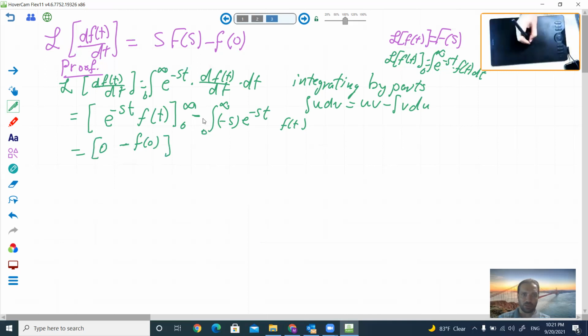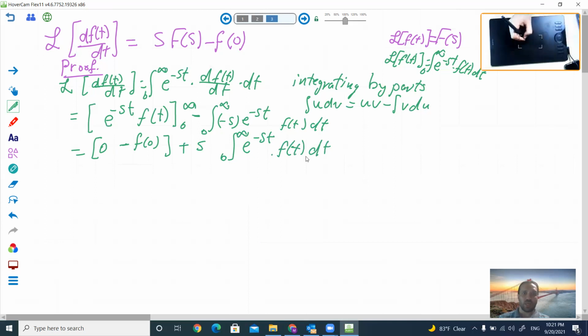This minus will be multiplied by this minus to be plus, and the integration with respect to dt, I forgot to put this dt. So s is not a variable of integration, so we can pull it out. And this is the integration from 0 to infinity of e to the power negative st times f of t dt.